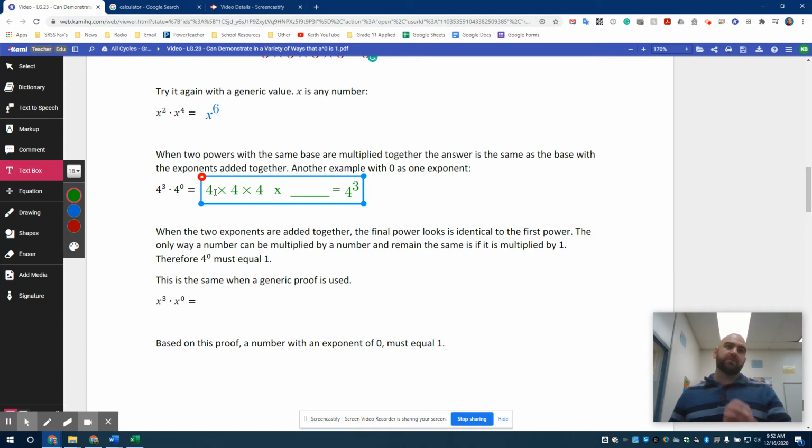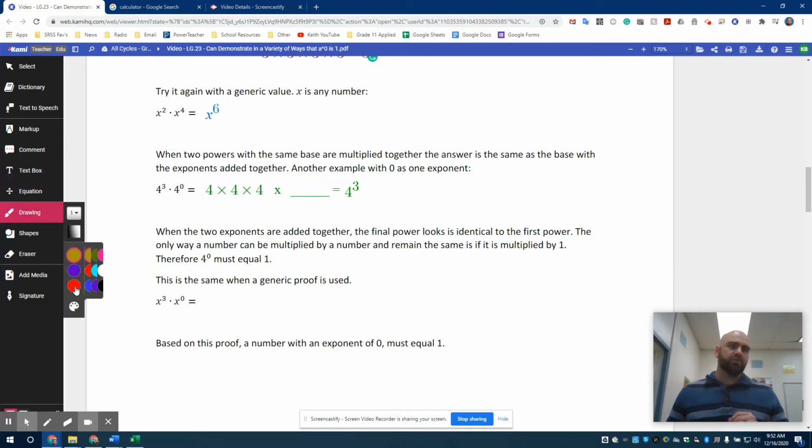So therefore, this right here was going to fill up this space. The only possible explanation is a 1. It can't be anything else because anything else is going to change the final answer. But the final answer needs to be the same as the original answer.